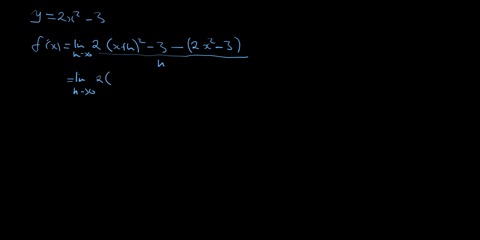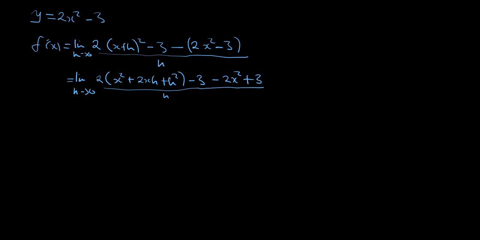open bracket. We saw how we expand that one. You just say x squared, then you add the two things inside, that is 2xh, then plus h squared, then minus 3, then this negative will distribute into negative 2x squared, then plus 3. Then we have h there as the denominator.